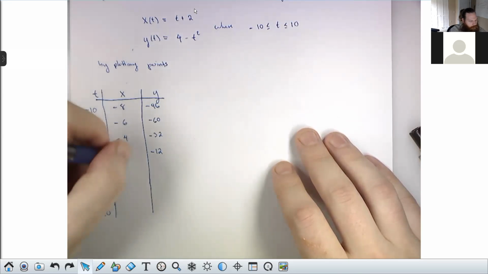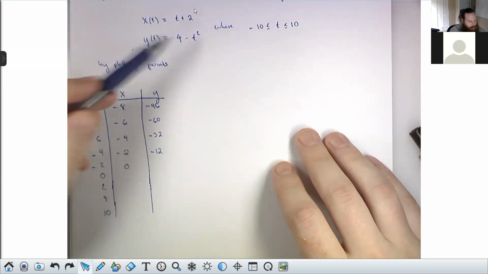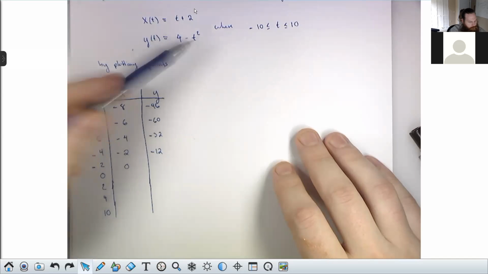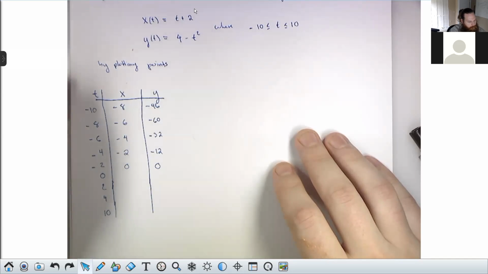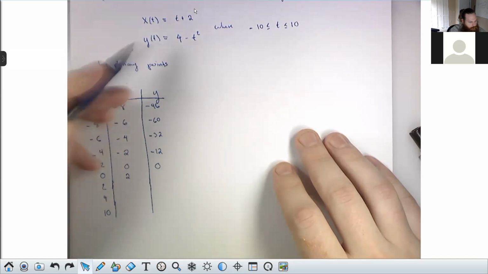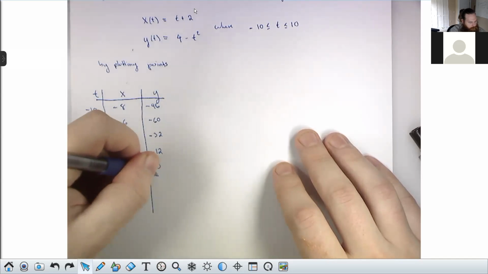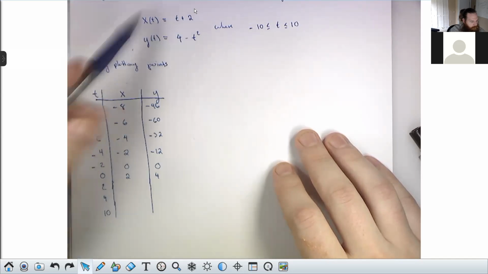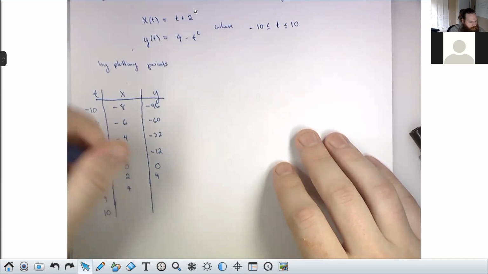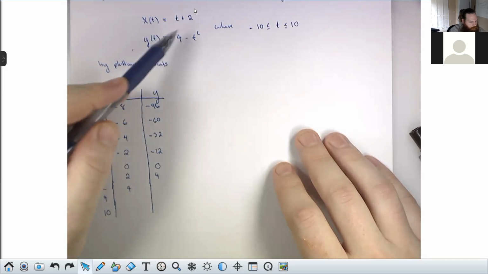-2 for t, then x will be 0. And 4 minus -2 squared is 4 minus 4. That's also 0. If I plug in 0 for t, then x is 2. And y is 4. If I plug in 2 for t, then x is 4. And y is 4 minus 4 again.